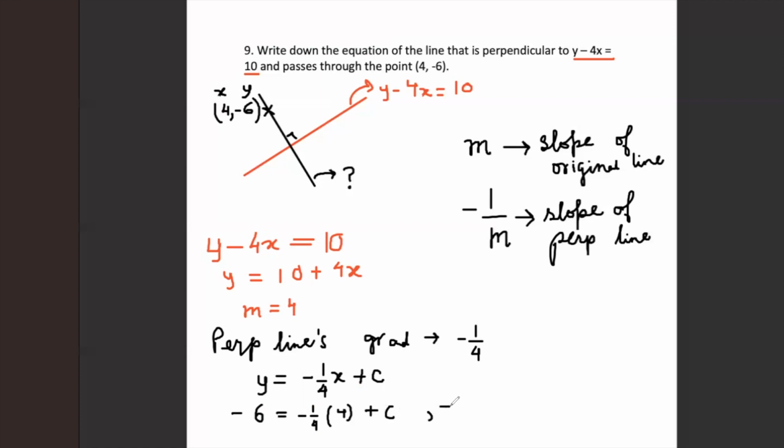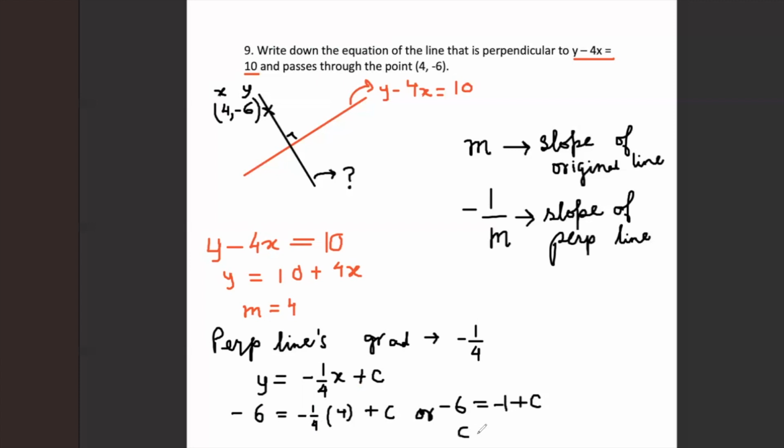So minus 6 equals minus 1/4 times 4 is just a minus 1, plus c.